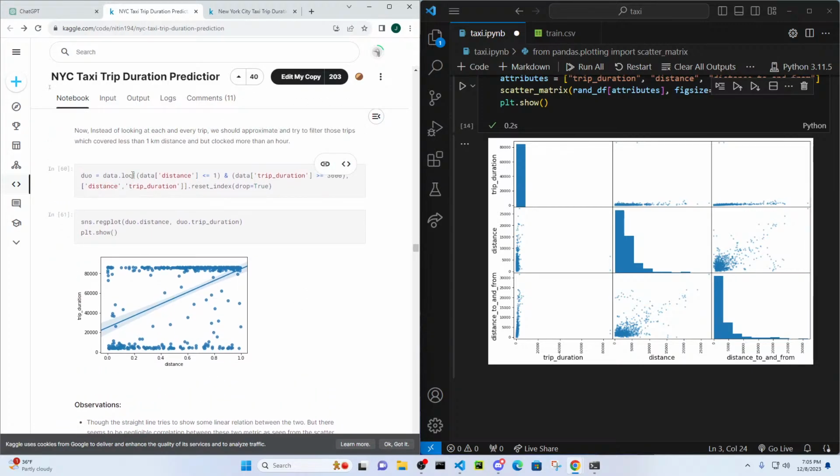Huh. Let me see. Data, locate. Okay, so this is just going to be all the trips that are less than 1 but greater than an hour. Okay. So from 0 distance to 1 kilometer, and from 0 seconds to 80,000 seconds.